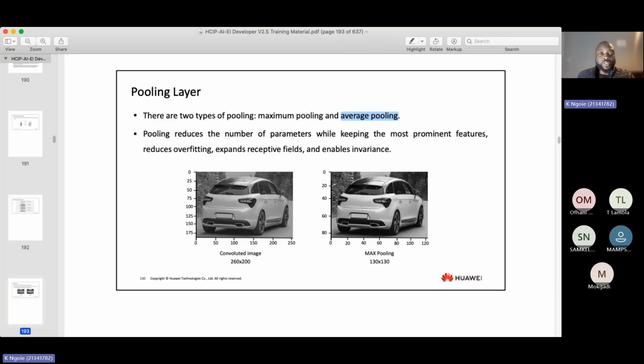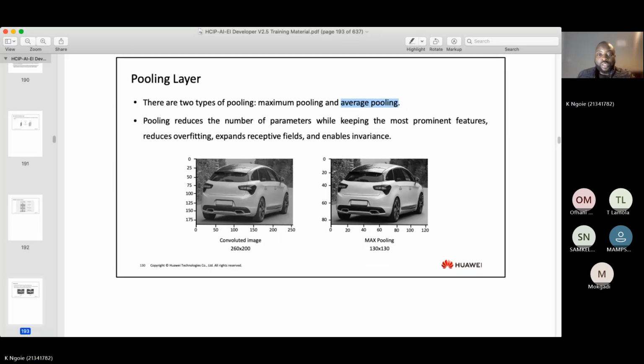That's how the kernel works when it comes to pooling. Pooling reduces the number of parameters while keeping the most prominent features.